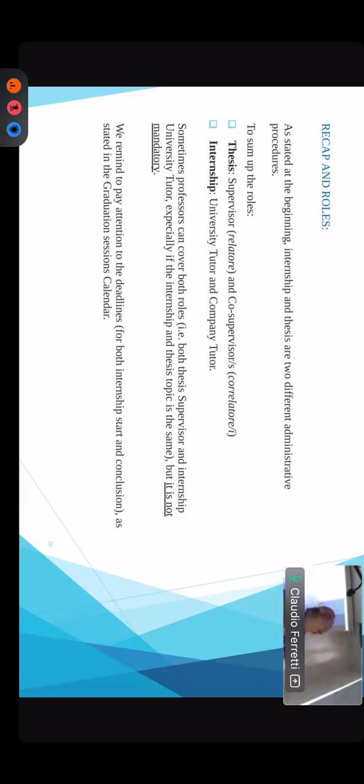It can happen that the internship and the thesis are linked together, but it's not required and it's not guaranteed. So if I find a professor who is available to be the university tutor of the internship, usually the professor states clearly, I'm not ready to follow another thesis. So you have to be aware that we'll look for another professor for the thesis. This can happen.